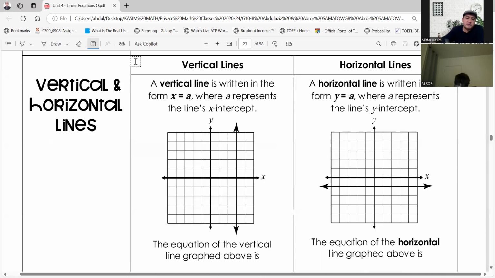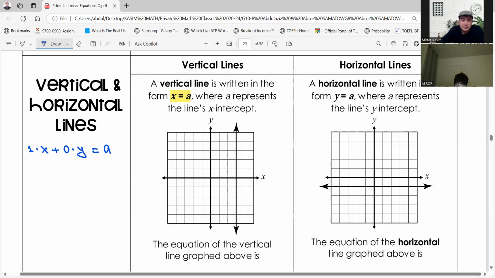A vertical line is written in the form x equals a. So you should understand this, Abror. This x equals a means that we do not have y in our equation. So here we have 1 times x plus 0 times y is equal to a.